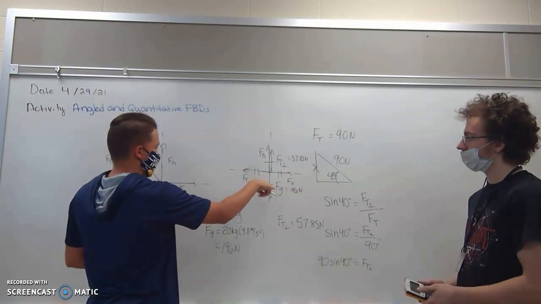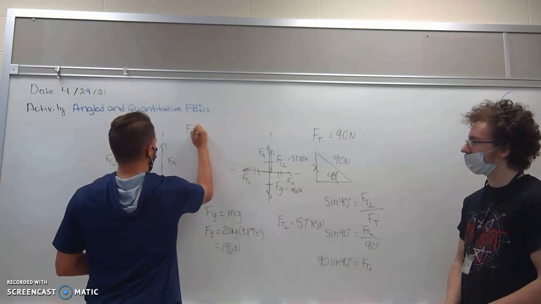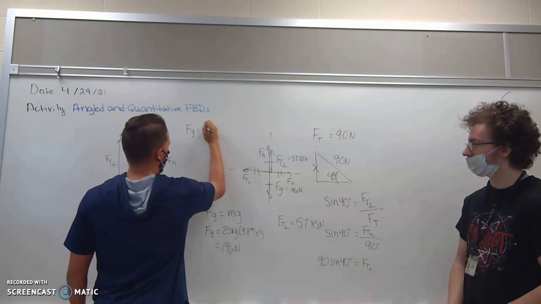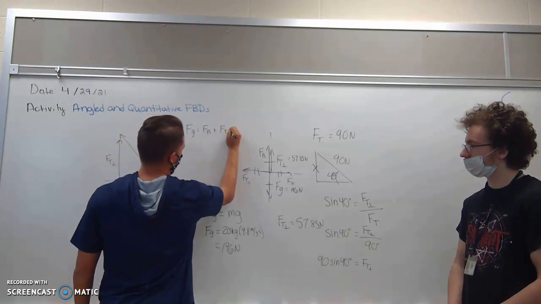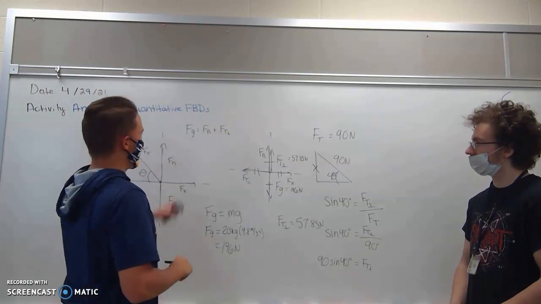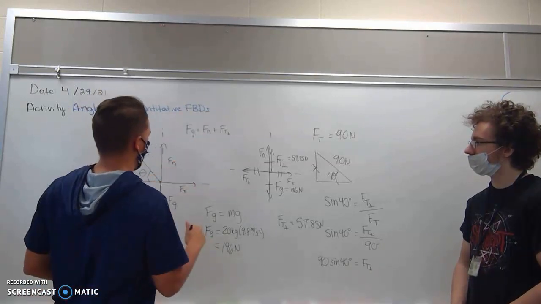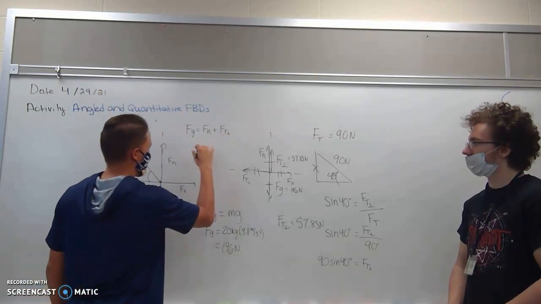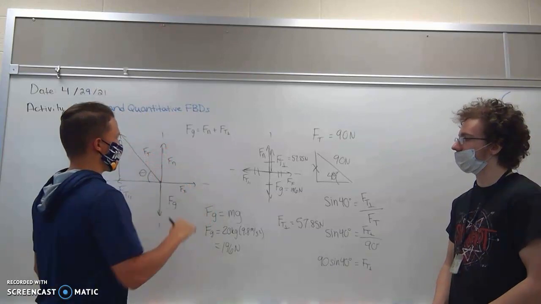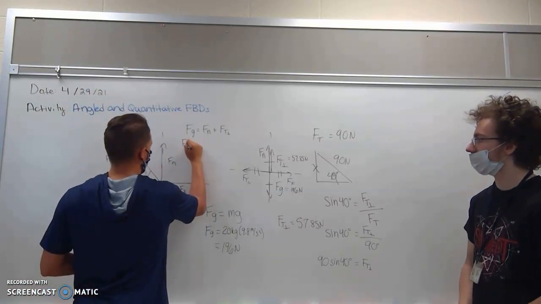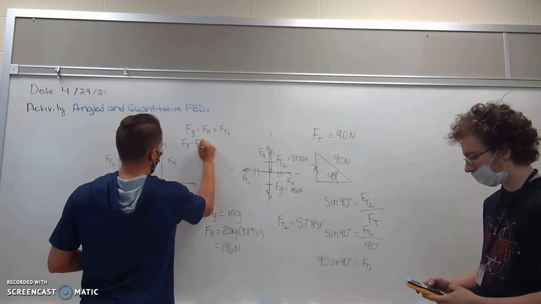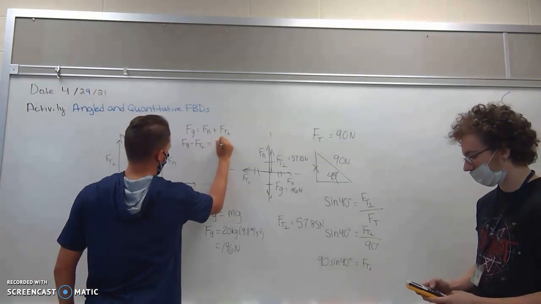Since we have our equality marks here, we know that the force of gravity is equal to the normal force plus the force of tension in the perpendicular direction. So we want the normal force. So what we're going to do here is subtract the force of tension in the perpendicular direction from the force of gravity. So Fg minus force of tension in perpendicular is equal to the normal force.